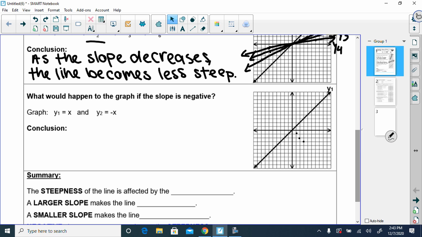Very good. So is one of these lines any more steep than the other? No. So our steepness did not change. Like you guys said, it's now slanting the opposite direction. So the line will change direction, but steepness will not change.